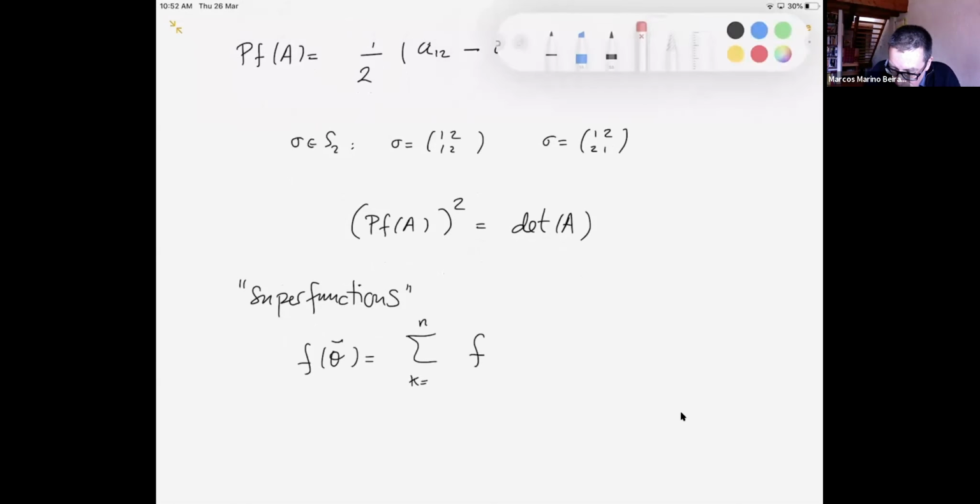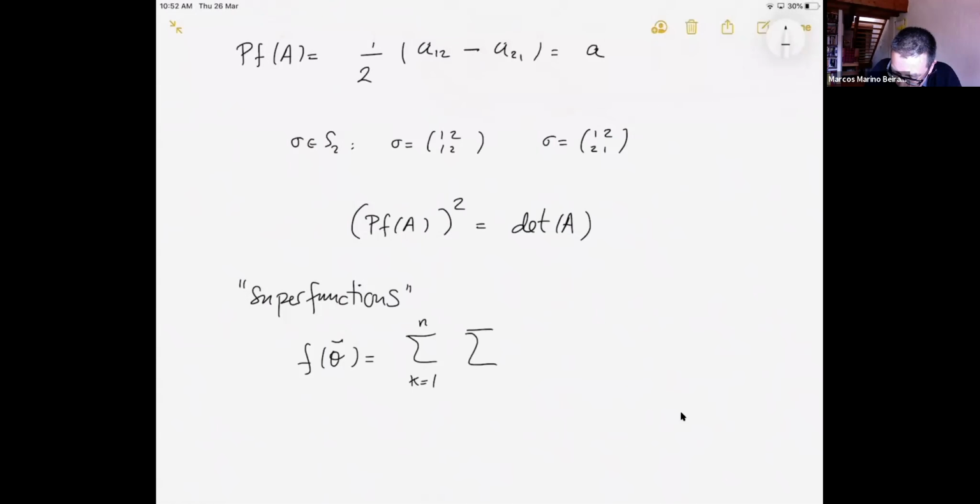So I think this was one, and then I have to have here a sum over. So we have here something like I1, blah, blah, IN, and then F, I1, IK, and then theta I1, theta IK, okay?